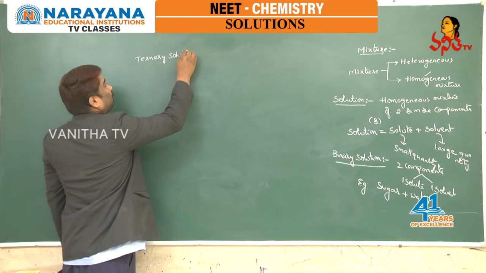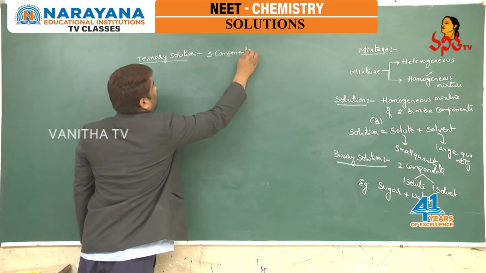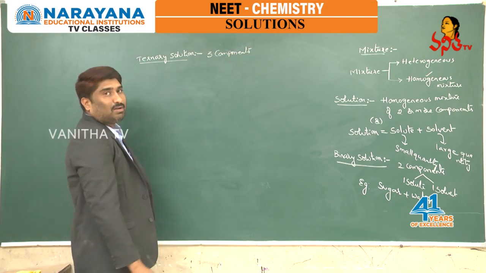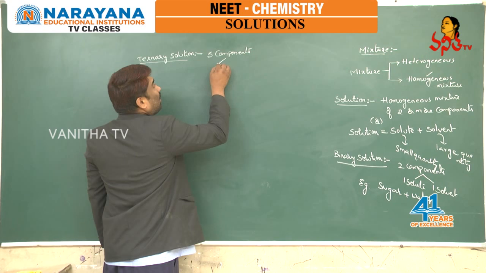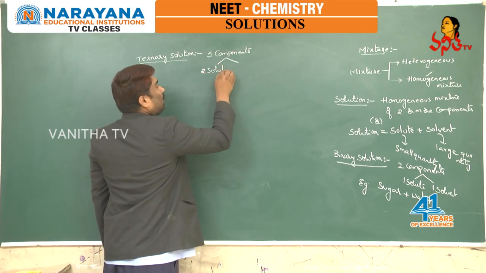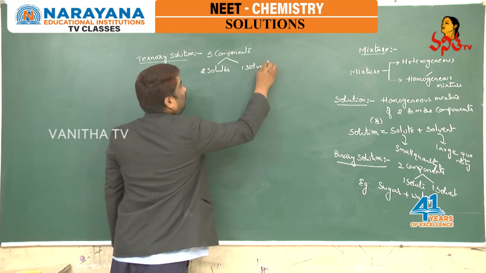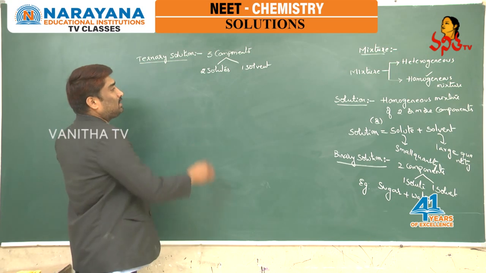Coming to the second one, the ternary solution. A solution which contains three components is called a ternary solution. Out of the three components, it contains two solutes and one solvent.